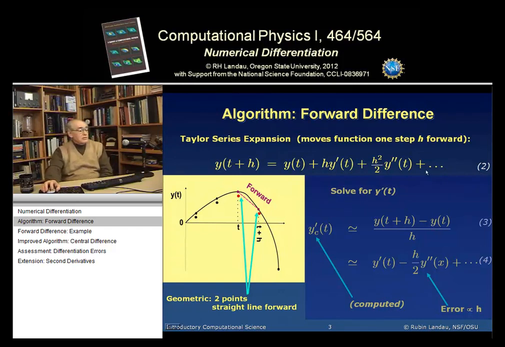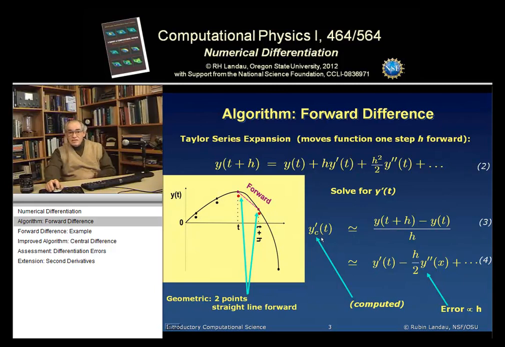But if we look at equation 2 here, and we're a little clever, we say, wait, we have y prime of t. That's the first derivative. That's what we're trying to evaluate. So we can solve equation 2 for the first derivative, y prime, and if we do that, we get equation 3. Equation 3 says the forward difference approximation for the derivative.